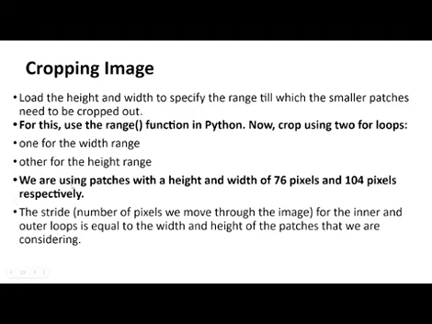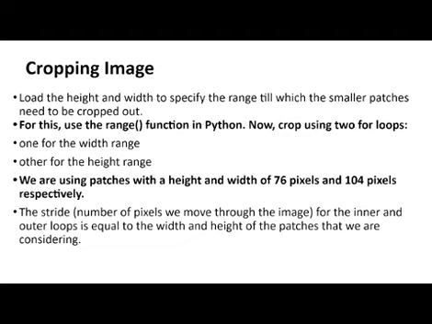We are using a patch with a height and width of 76 pixels and 104 pixels respectively. This is an example I'm giving you: the height of the image is 76 pixels, and the width is 104 pixels.